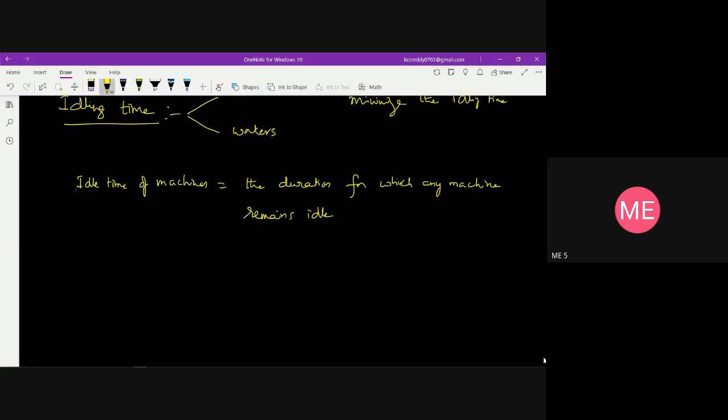So the duration for which any machine remains idle is the machine idle time, during which the machine is not used for any useful work.